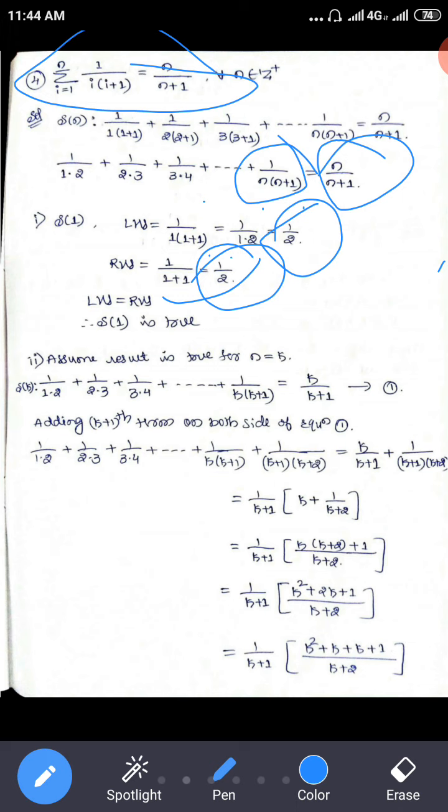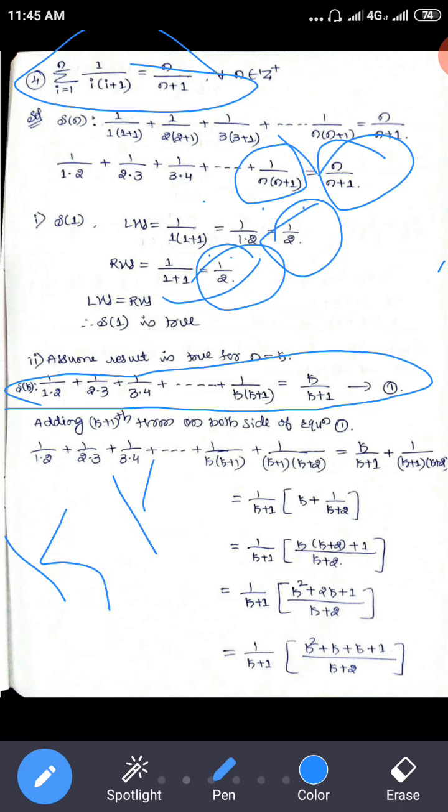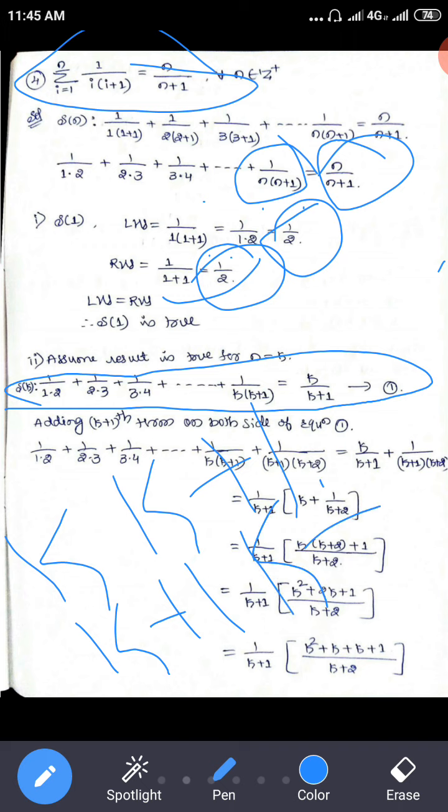Next, assume the result is true for n equal to k. Same result, you write with n equal to k. Next, we have to add the (k plus 1)th term on both sides of equation 1. For k plus 1, the next term is k plus 2.